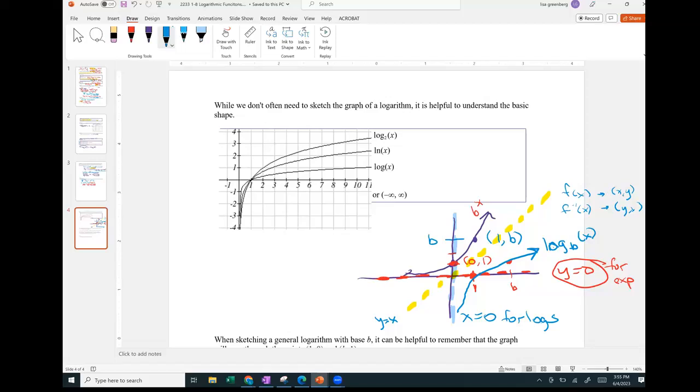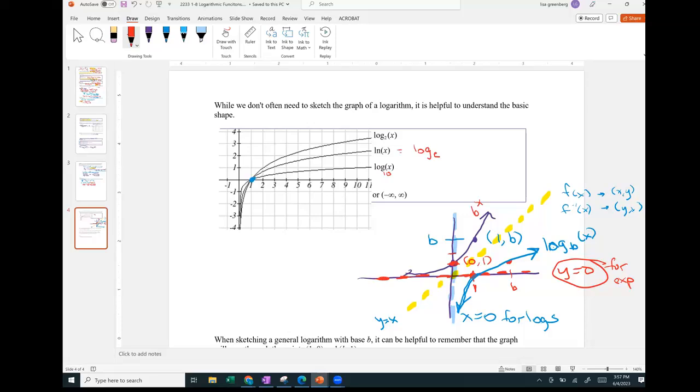So we can see now that this is the shape of the log function, which is reflected here. Now, notice they're all going through the point 1, 0. Depending on my base is what makes the log function change how fast it increases. Okay? But it's the reverse of the exponential.